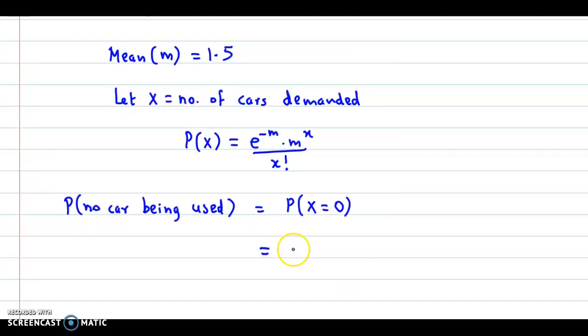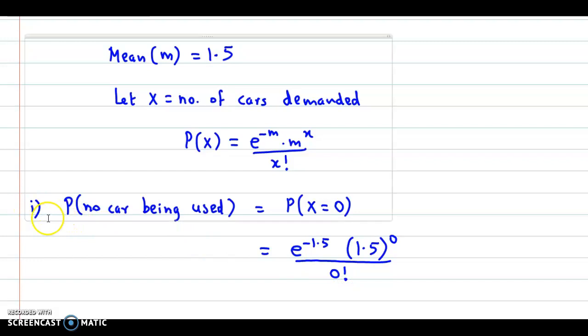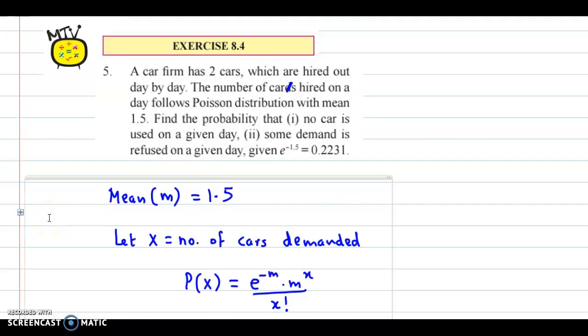So we just substitute all the values here. e raised to minus m, that is e raised to minus 1.5, into m raised to x, that is 1.5 raised to x, x is 0, divided by 0 factorial. So this is the first case over here. Now e raised to minus 1.5, the value is 0.2231.